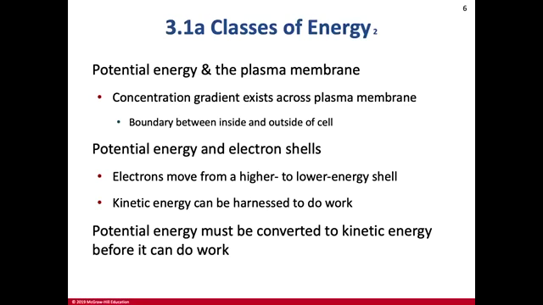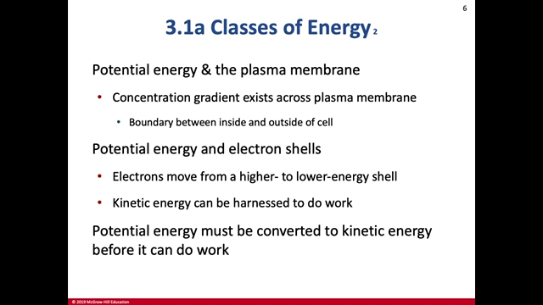And that means that there's a separation of charge across the membrane that is a form of stored energy, just like the charge in a battery, right? And we can change that potential energy into current by opening a doorway that lets the opposite charges run into each other, right? And that moving series of charged particles can be used to do work, such as transport, or in the case of nerve cells, send electrical signals, or in the case of muscle cells, contract, okay?